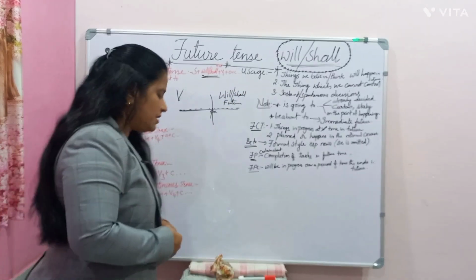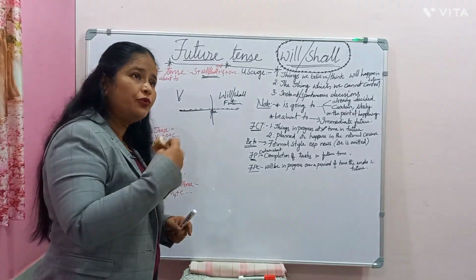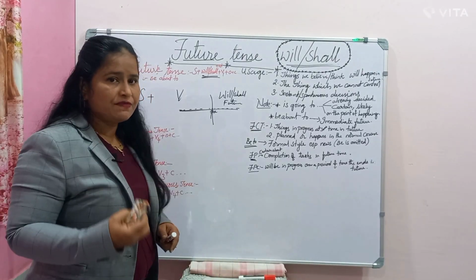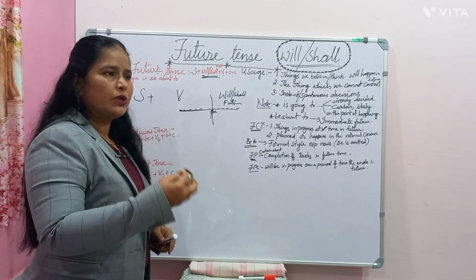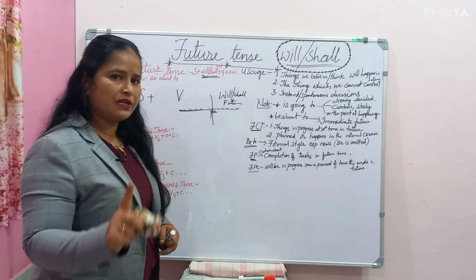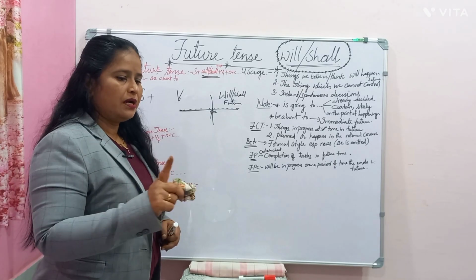We have seen in the simple present tense as well as the present continuous how we express future planned activities. The train arrives at 9 a.m. Though it is going to come after some time, with subject and verb 1, train arrives, that pattern can be used.